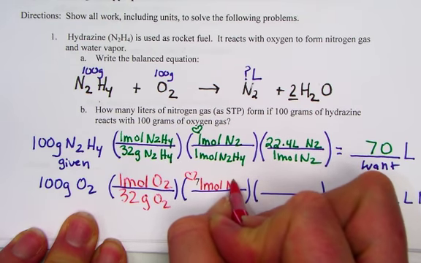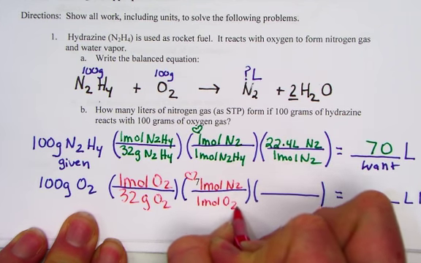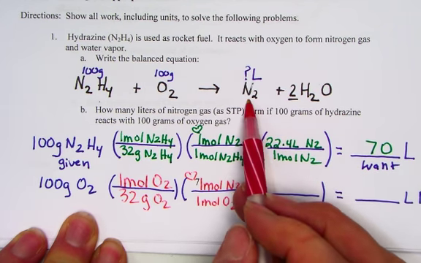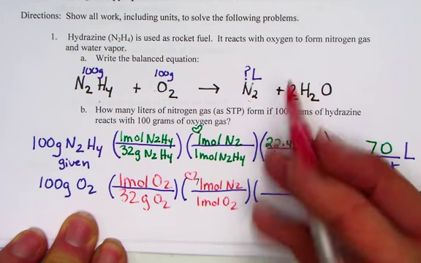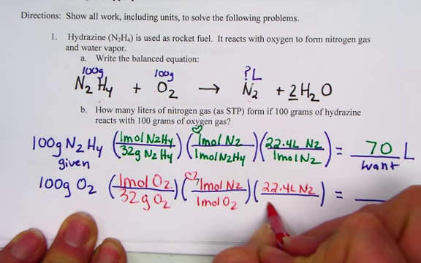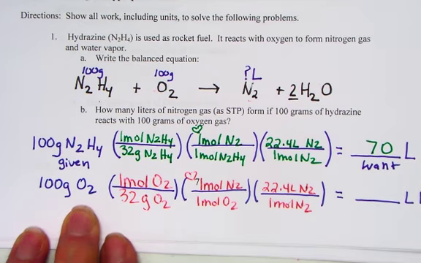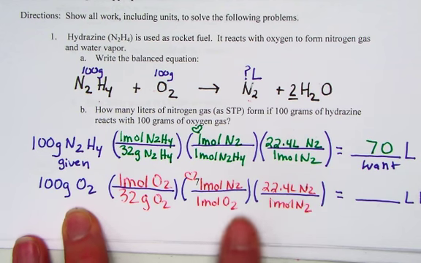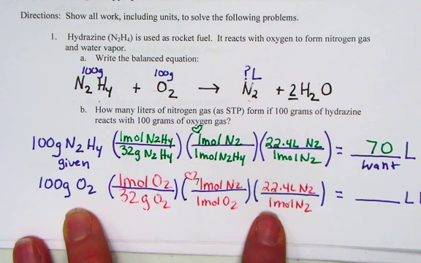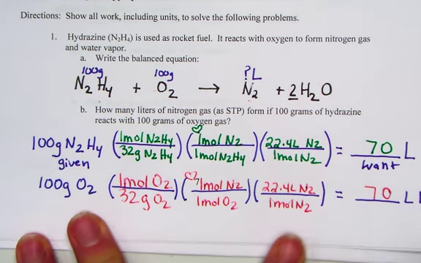We still want 1 mole of N2 from 1 mole of O2, coefficient of 1 over 1. We will again use molar volume of 22.4 liters in every 1 mole of nitrogen. 100 divided by 32 times 22.4 gives me 70 liters.